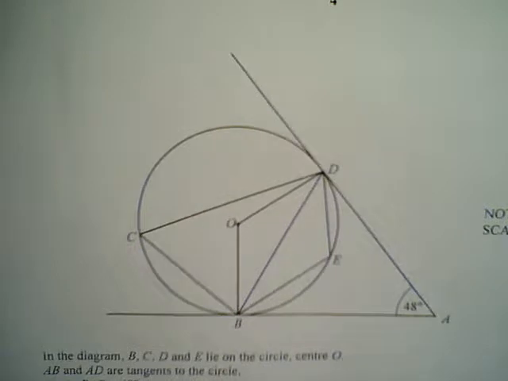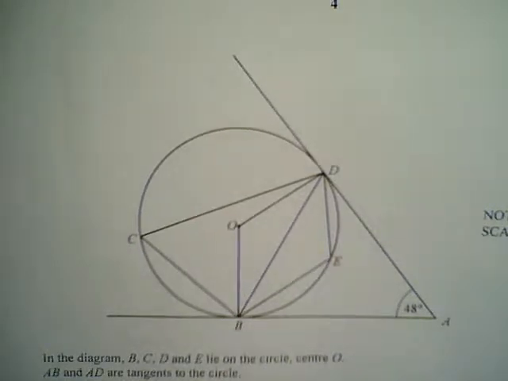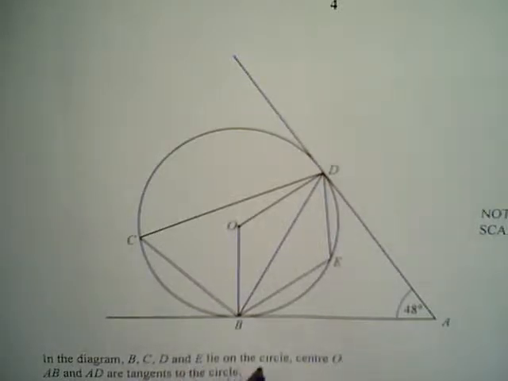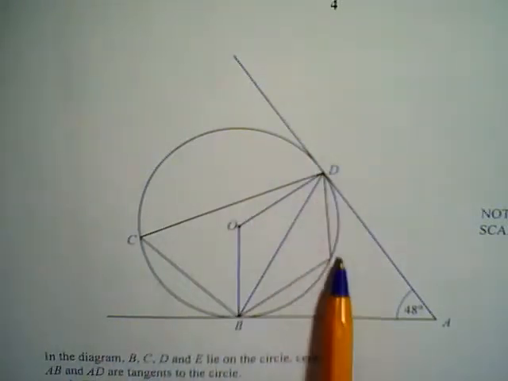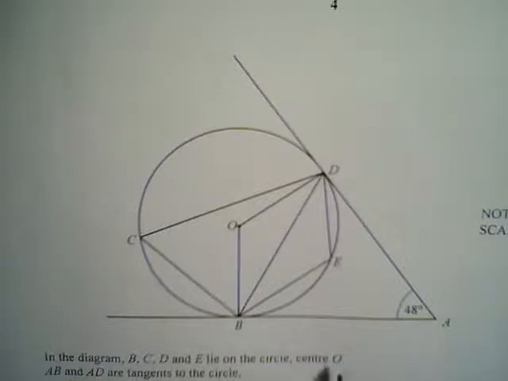And there we have a beautiful diagram with lots of interesting things about it. The first question is, let's read the information. In the diagram, B, C, D, and E lie on the circle with center O. AB and AD are tangents to the circle.